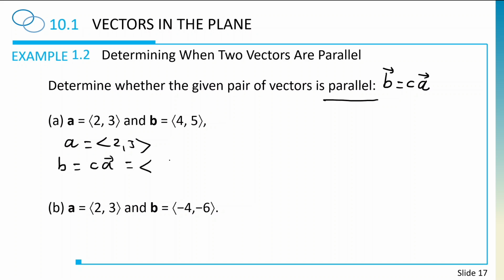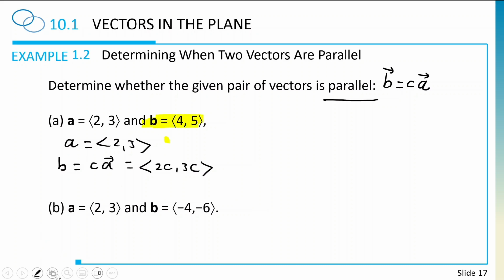C times A, so it's (2C, 3C). This is B equals CA. Now compare this to the given B.